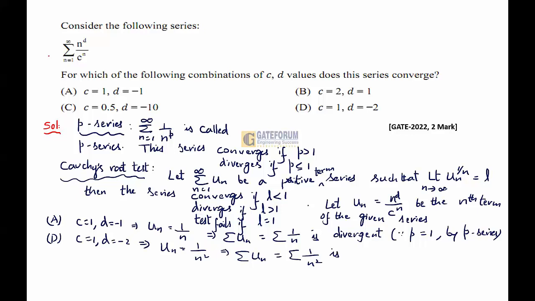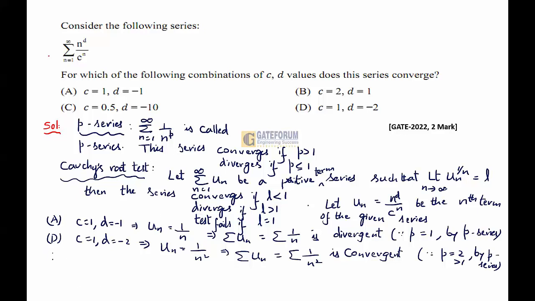Now, this is convergent since p is equal to 2 by the p series. P is equal to 2 greater than 1. That is the condition. Now, let us check B and C options.